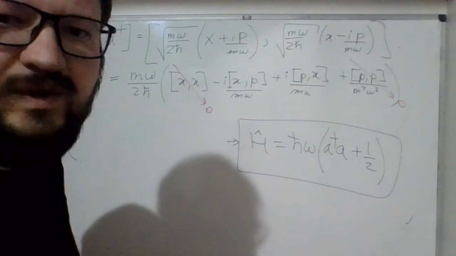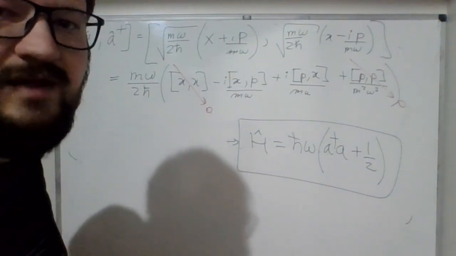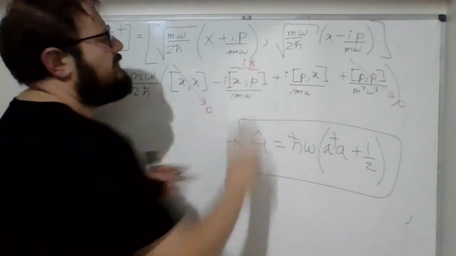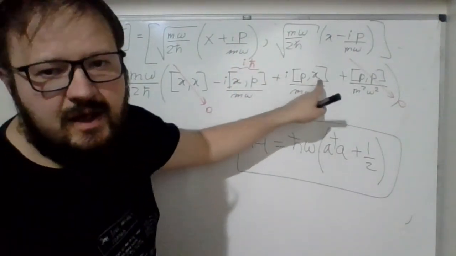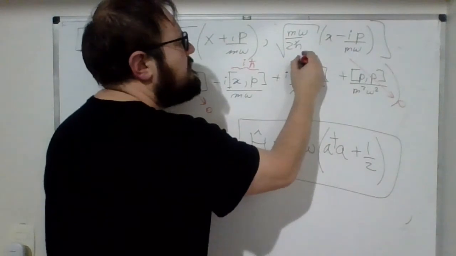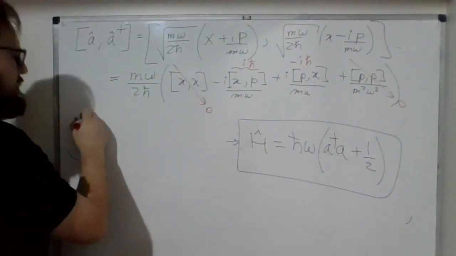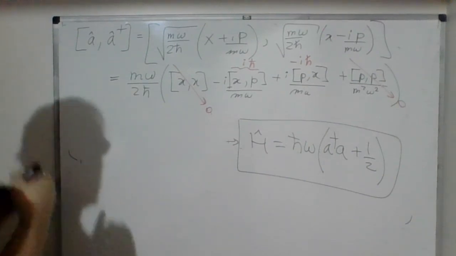Momentum commutates with itself, position commutates with itself. This is i h bar. If you reverse the order in a commutator, you get a minus sign. You can show that.